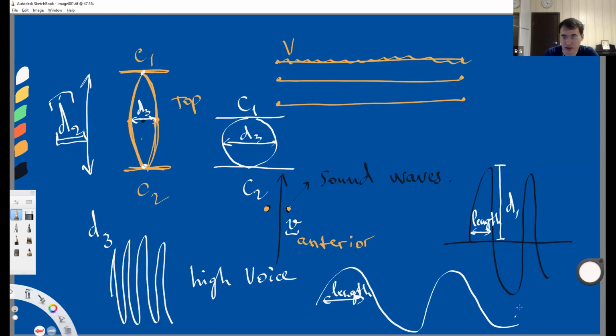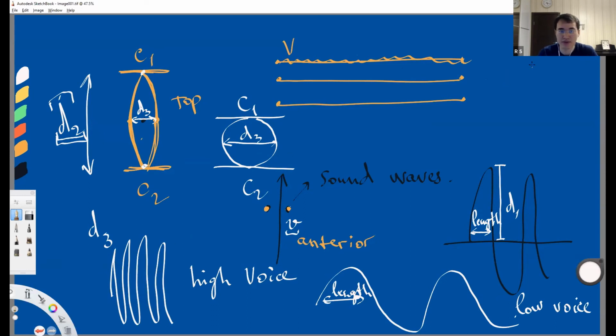And this will be a low voice. It is about people who sing bass, their voice is assumed to be bass, and it is very low. So this is how we create the sound waves.